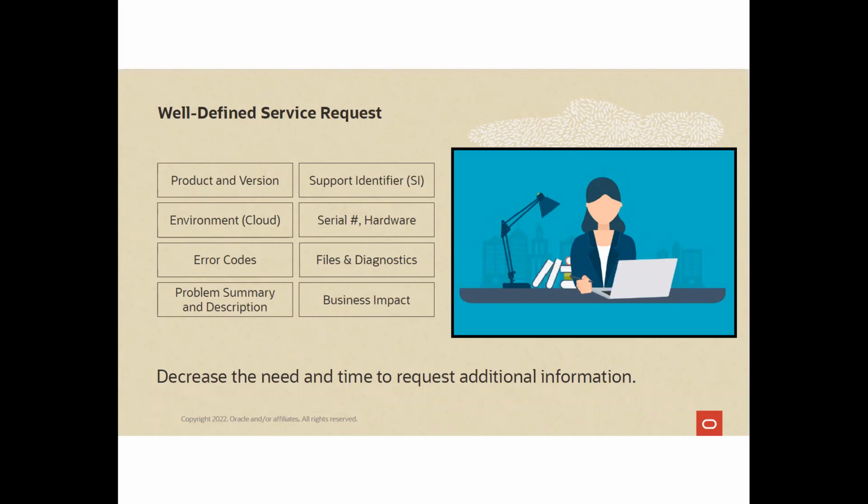That is very key, because that will help determine the severity level of your service request. When you have well-defined service request information like listed, it helps decrease the need and time for the support engineer to start requesting additional information. If you provide enough for the engineer to start troubleshooting your problem from the onset, it reduces the time wasted requesting additional information.